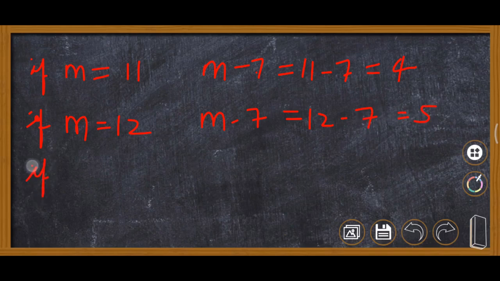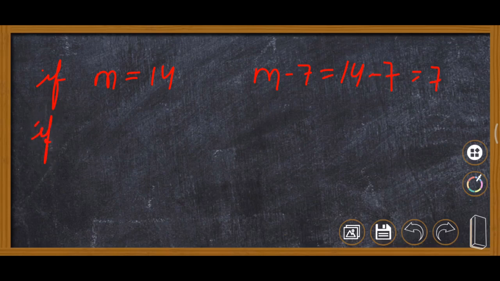If m is equal to 13, then m minus 7 is equal to 13 minus 7, then it is 6. Now if m is equal to 14, then m minus 7 is 14 minus 7 is equal to 7.